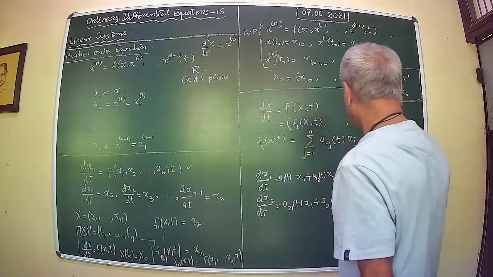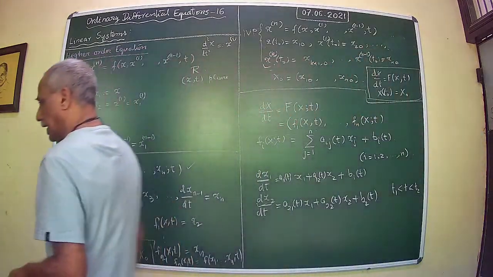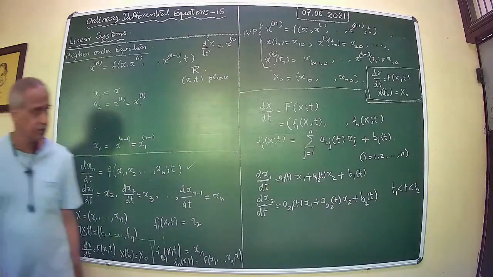This is what you call a linear system. Okay, and this linear system has some special properties.